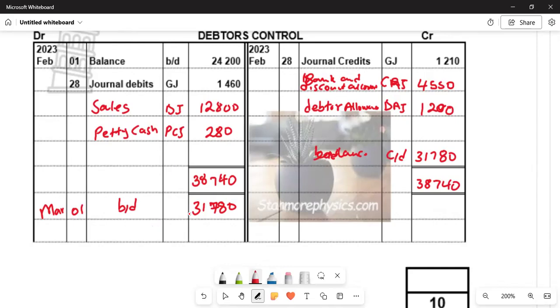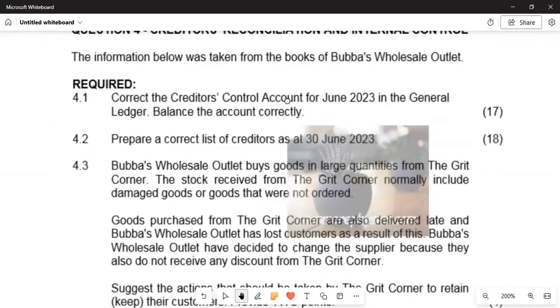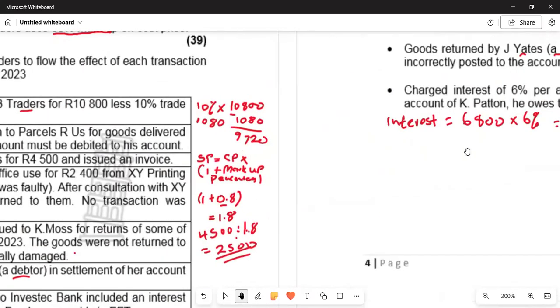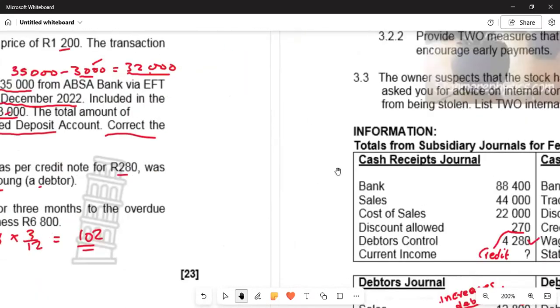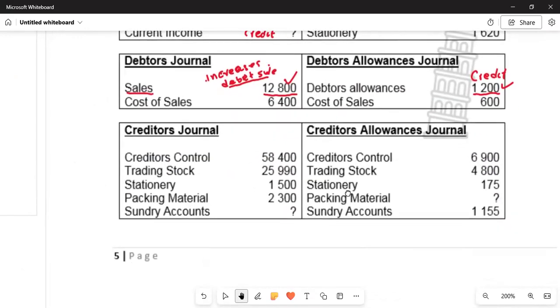So now we are moving on to trading stock, because we are done with debtors control. That is how we are to do debtors control. Now we are moving on to trading stock on question 3, because we are asked to calculate trading stock.